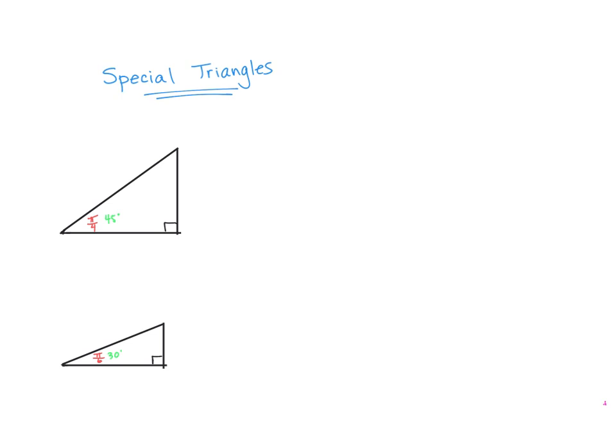So when you're picturing those triangles, our pi by 4 is really our 45-degree triangle, and our pi by 6 is really our 30, 60, 90 triangle. I'm going to get rid of those, but I just wanted to remind us of those. So let's again come up with these triangles. If you think about it, this is our pi by 2 angle.